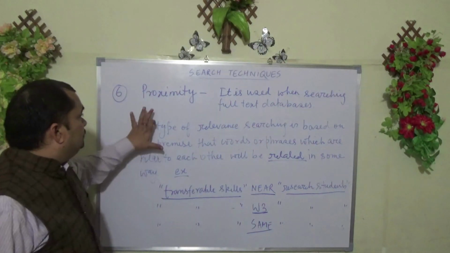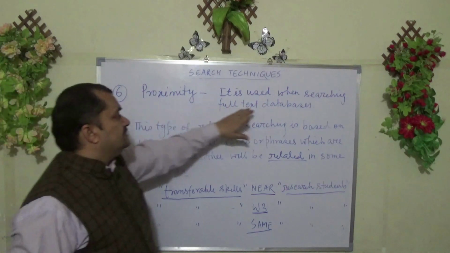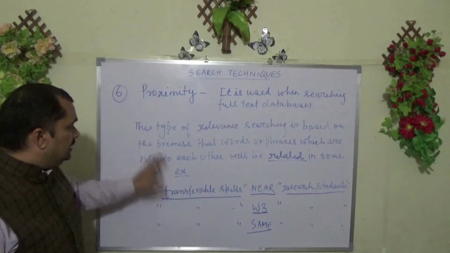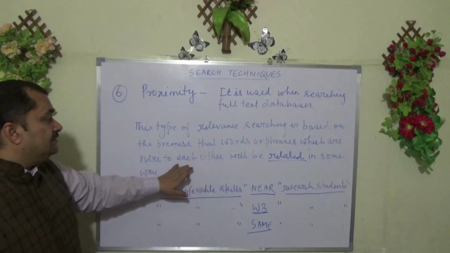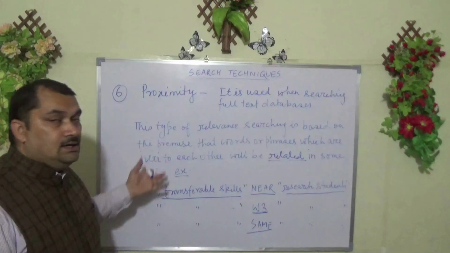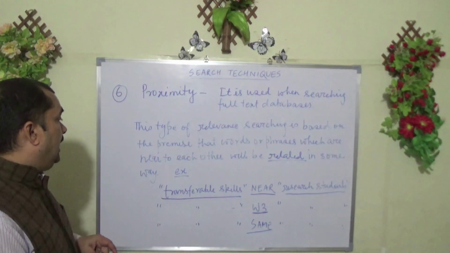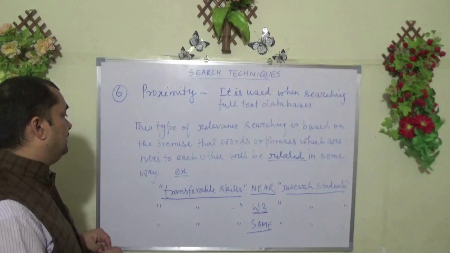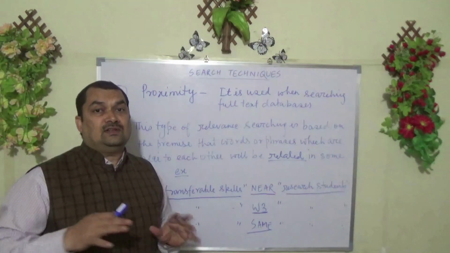So generally we use proximity in the full text database, and we get the information based on the phrases which we apply while retrieving, and it gives information which is very near to each other and related in some way.